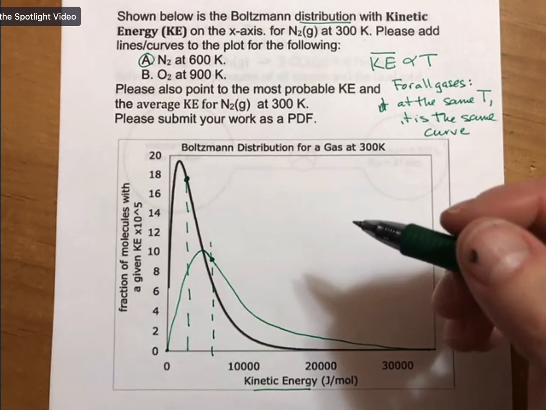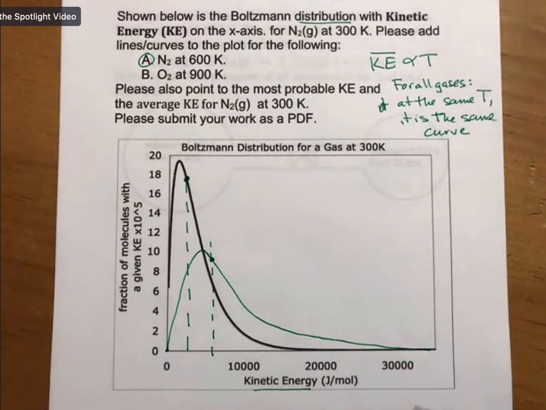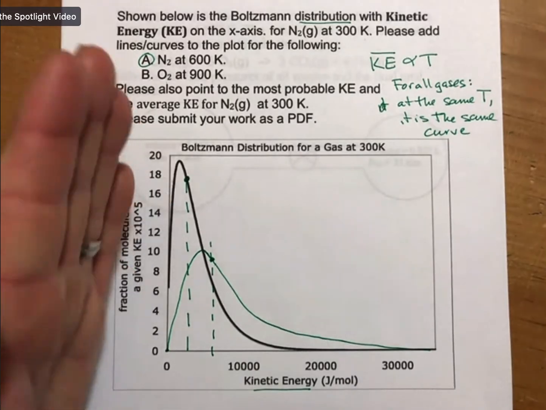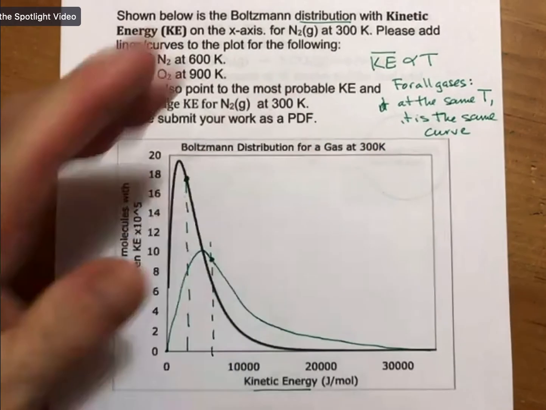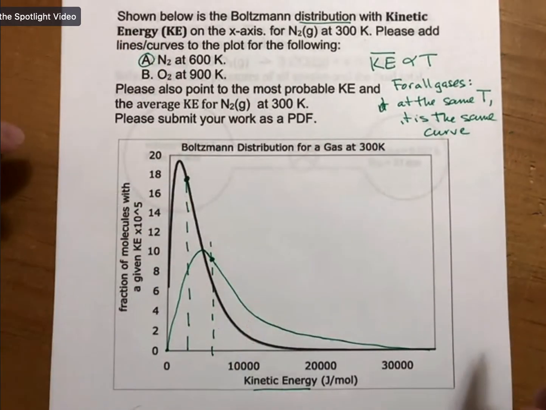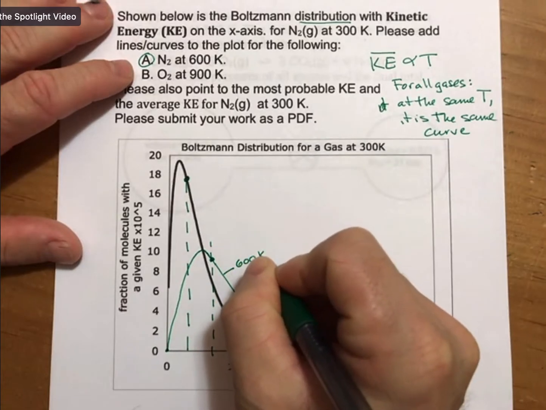And that's similar to the last problem that we worked on. And again, one idea is as temperature increases, it's like you're squishing this curve over to higher kinetic energies. So this is going to be the one for 600 Kelvin.